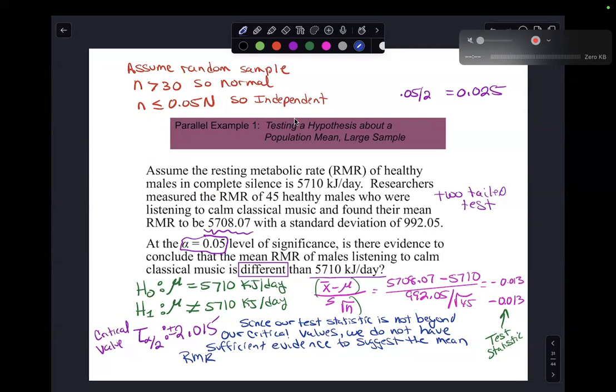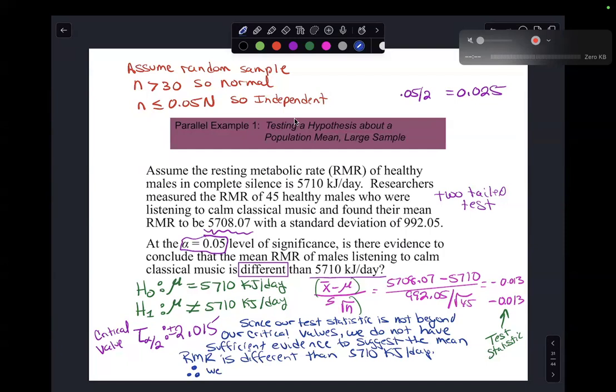Excluded from? I kind of like that too. That's a good word. Is different than 5710 kilojoules per day. This might not fit. I'm going to put the little three therefore dots.